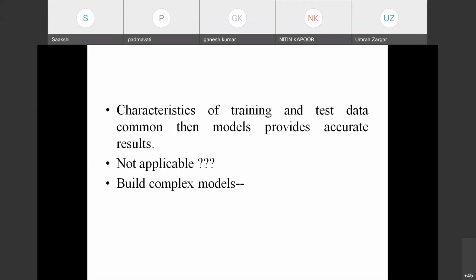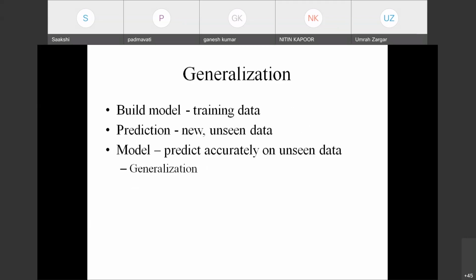Characteristics of the training and test data are common. Okay, they are very much common, right? Characteristics here means the type of data. If we are taking house prediction, we have trained the model for giving the house prediction value. If we have trained the model based on some data, and we are going to perform prediction based on a similar kind of data, right?